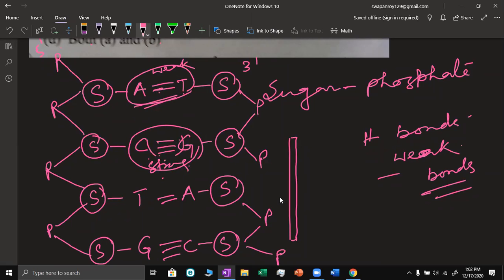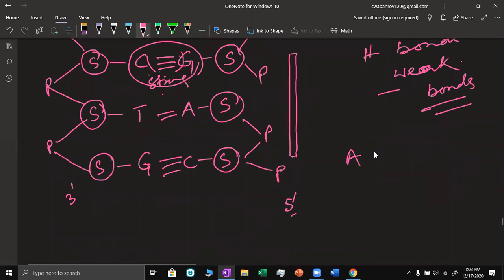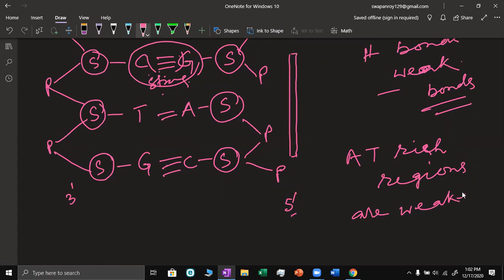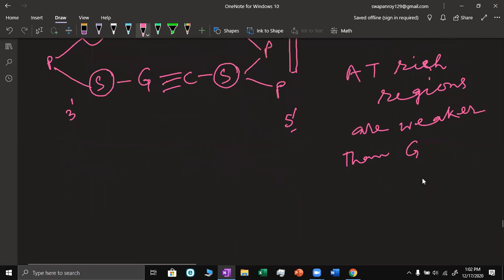And that's why AT rich regions are weaker than, sorry, GC rich regions.